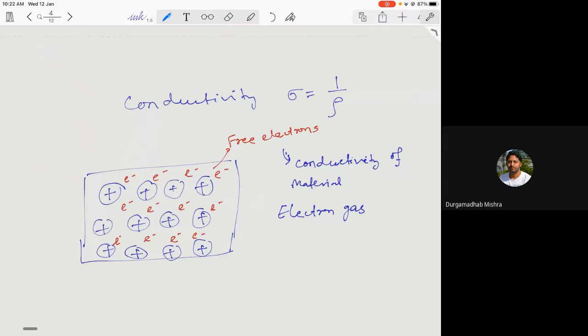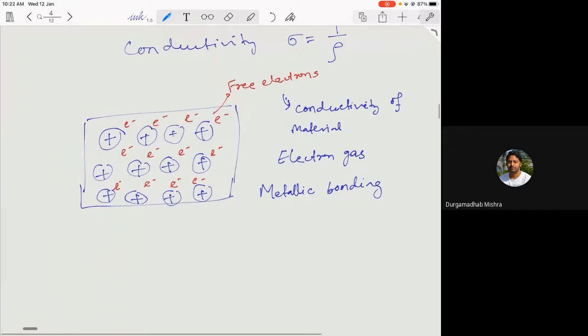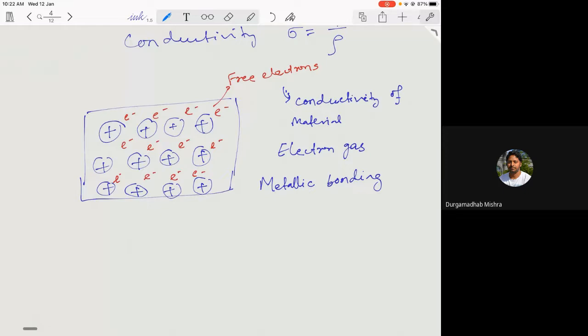This electron gas is responsible for the conductivity of the material, and they are also responsible for the metallic bonding in these metallic systems. So classically, we can understand quite well most of the electrical conductivity in metal. Yes, it is known as an electron gas.